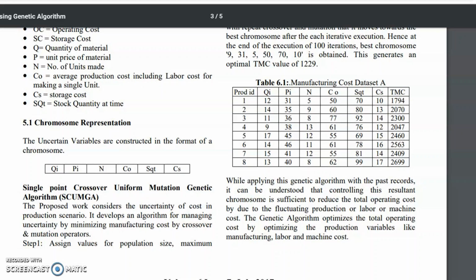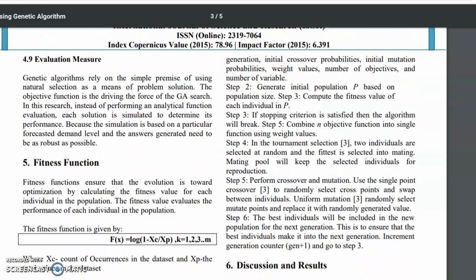So what we are doing is step by step. First step is assign the population size. The second one is generate initial population. Third step is compute the fitness value, and then check the stopping criterion. When it is satisfied, it will break.